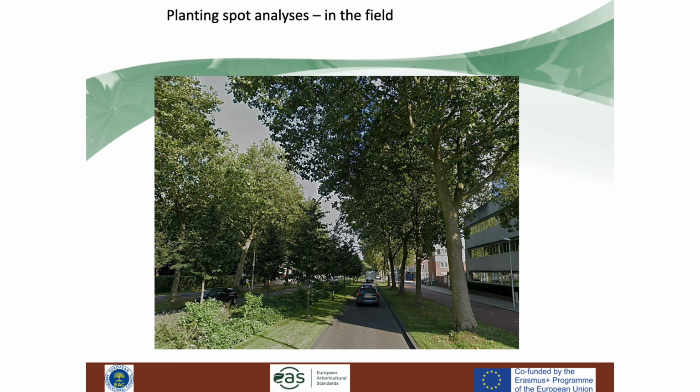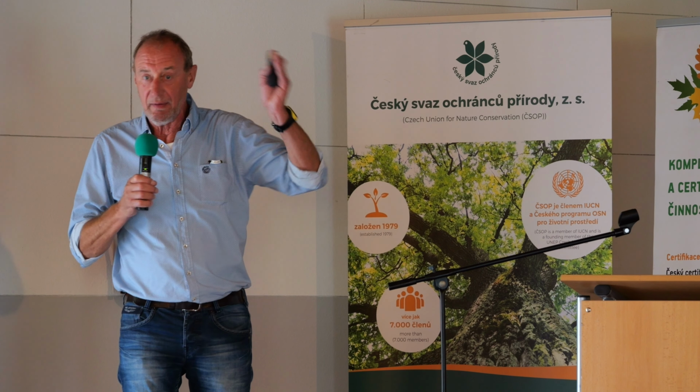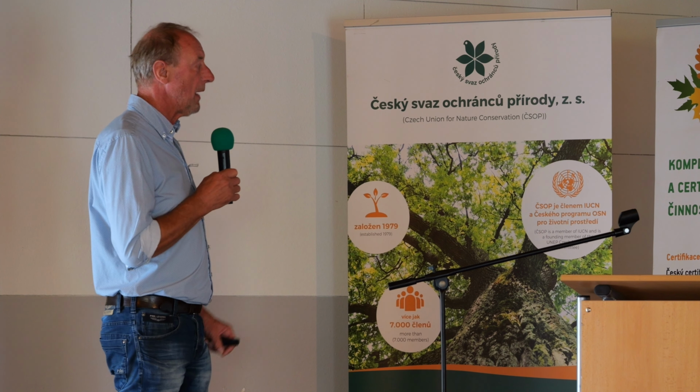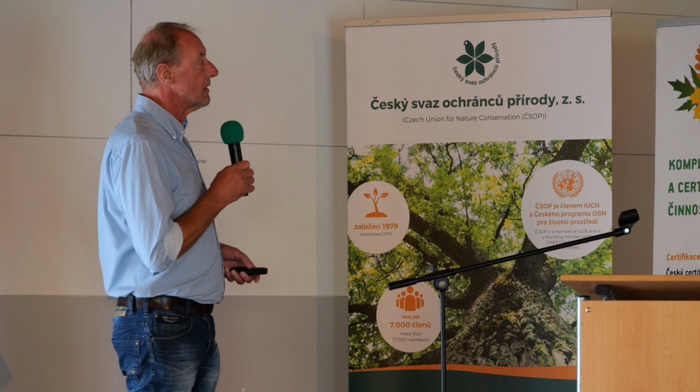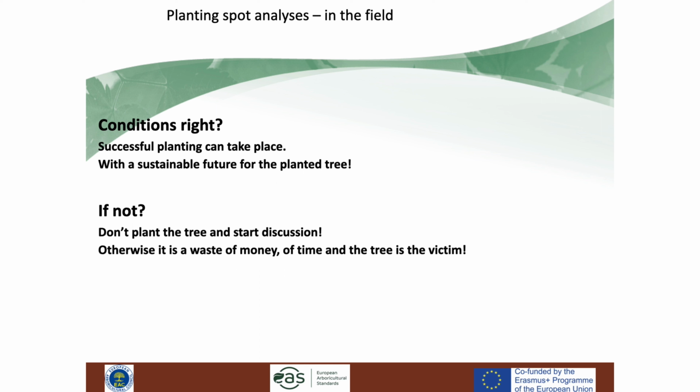This is in Utrecht, in the middle of the Netherlands. It costs you a lot of money, a lot of work, and the lime trees you never get really big. Otherwise you have to cut the crowns of the planes, and that's hard. So please, are the conditions right for a successful planting?